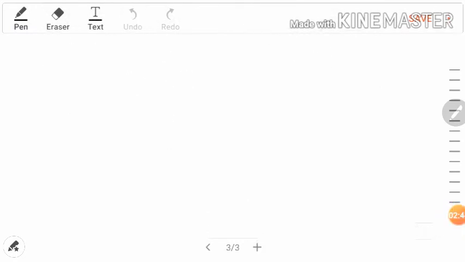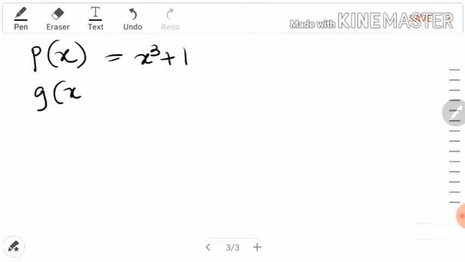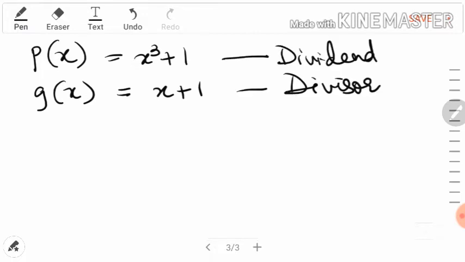Let us try this method with another set of polynomials. Let's say p of x, which is the dividend, is x cube plus 1 and the divisor is x plus 1. Let's use the long division method to find the remainder.